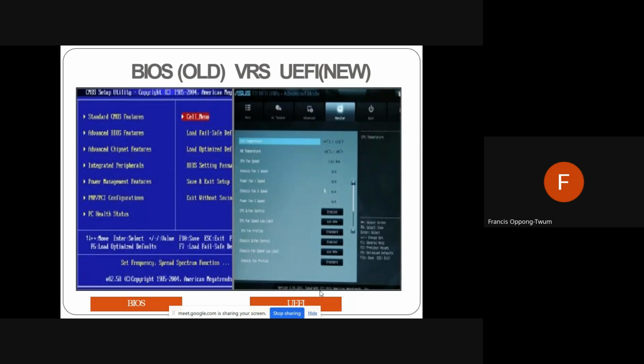My dear sister, if you have not seen it before, then I'm showing you the image of the BIOS. And at the other side, we have the UEFI. That's the new technology. Please, those on board, have you seen it?